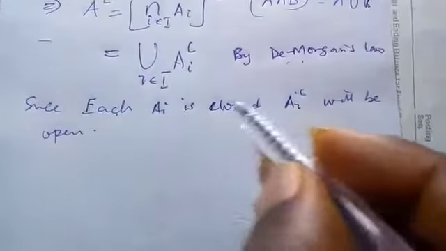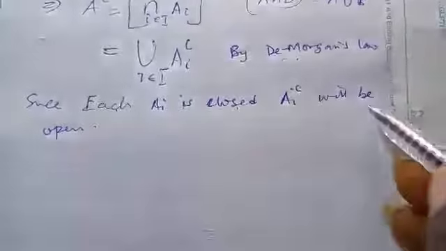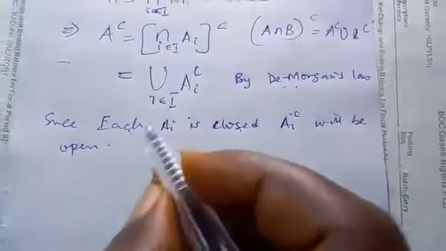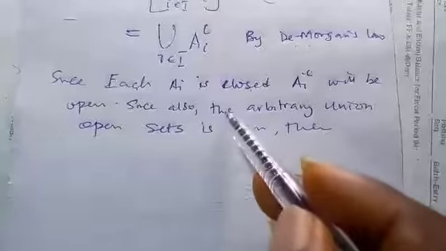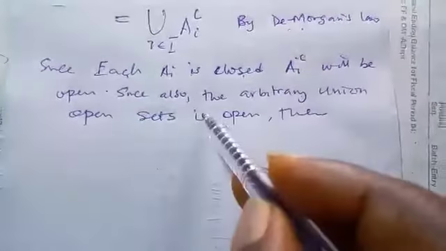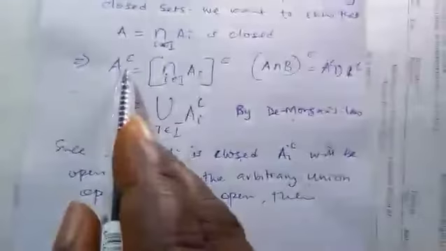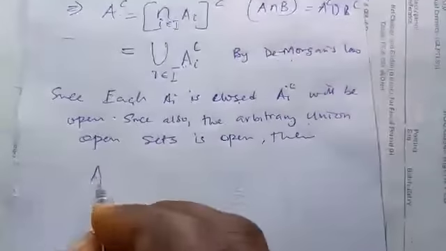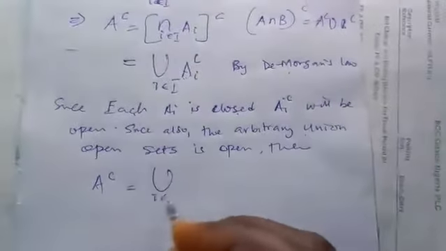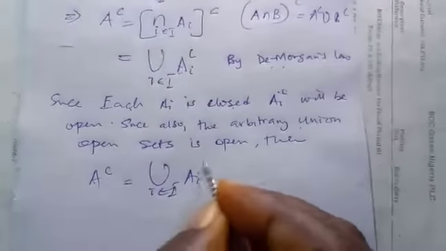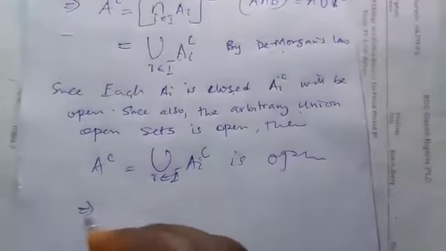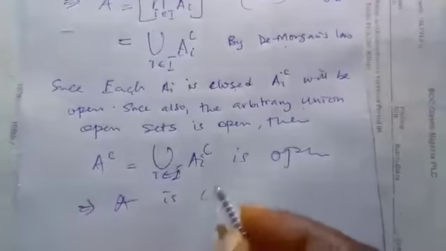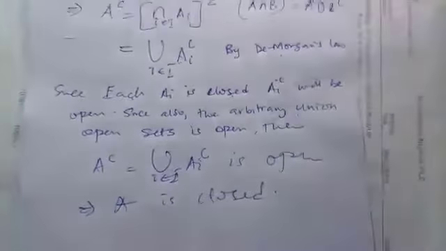Since each A_i is closed, A_i complement will be open by our theorem 1, and we know that the arbitrary union of open sets is open. So definitely our complement of A, which is this, is open. And if this is open, this implies that A is closed. And that completes the proof.